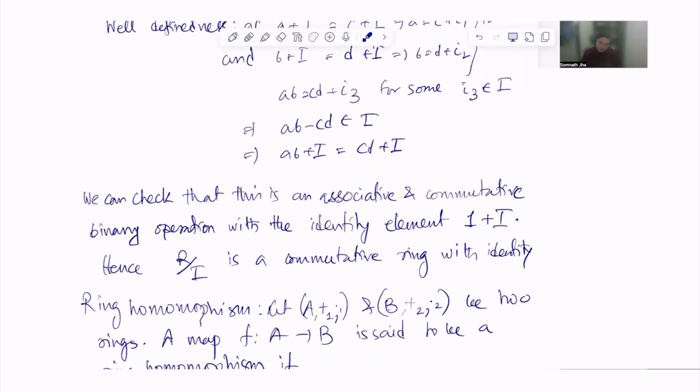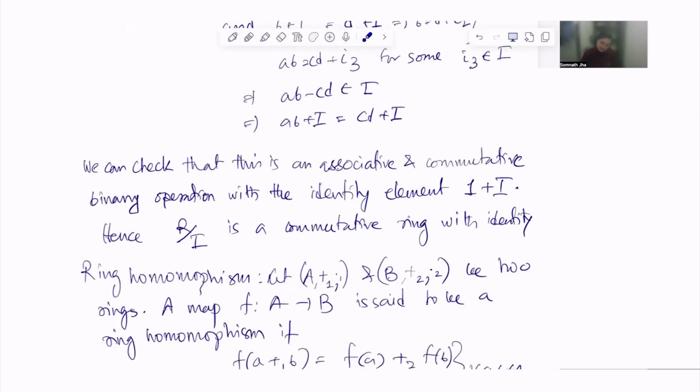So A with plus 1 is an abelian group, and A with dot 1 is an associative commutative binary operation with identity element. B has a binary operation plus 2 with respect to which it's an abelian group, and B has a second binary operation dot 2 with respect to which it is associative, commutative and has an identity element.